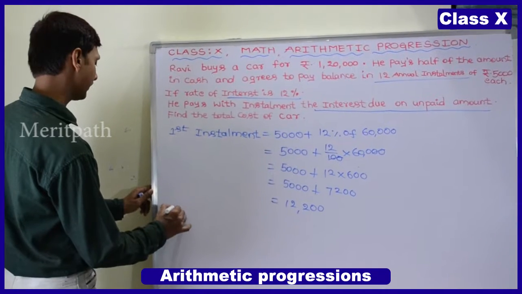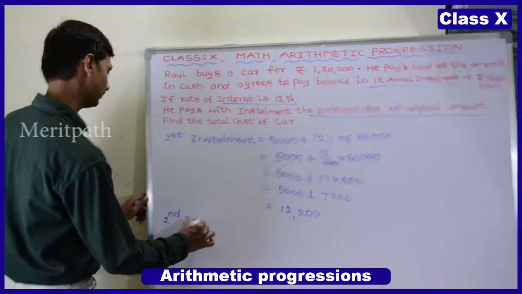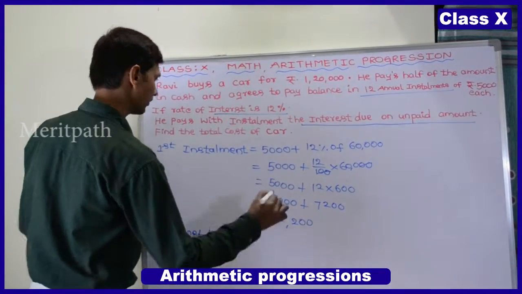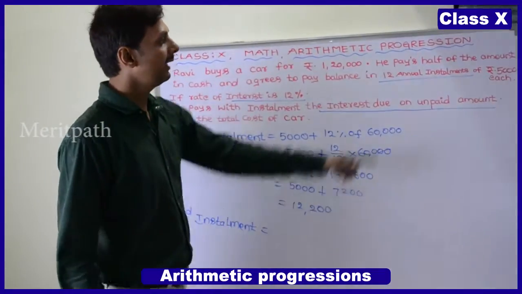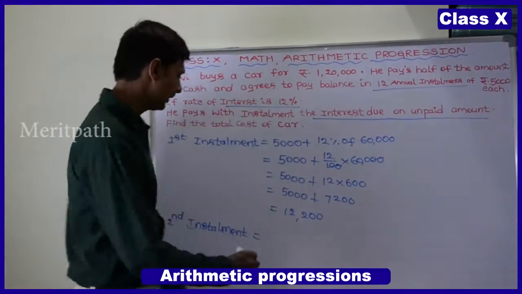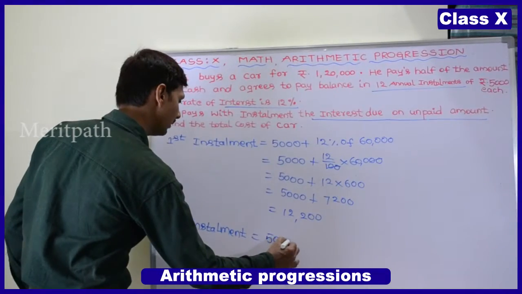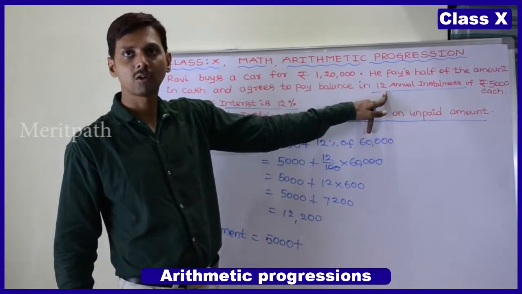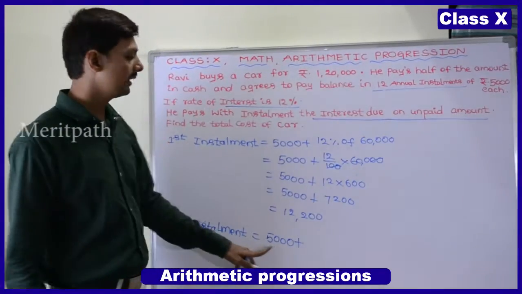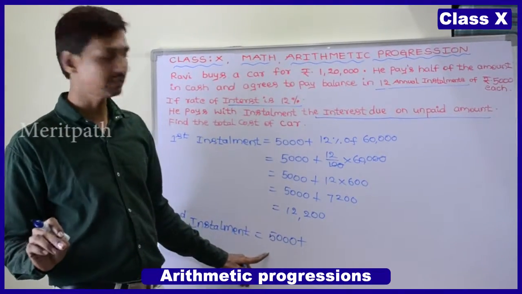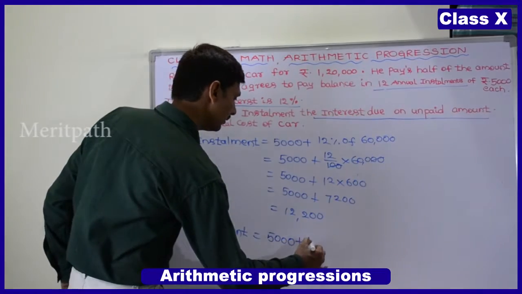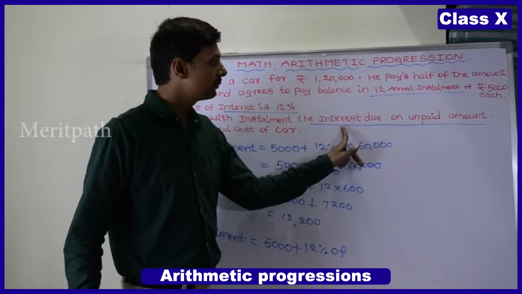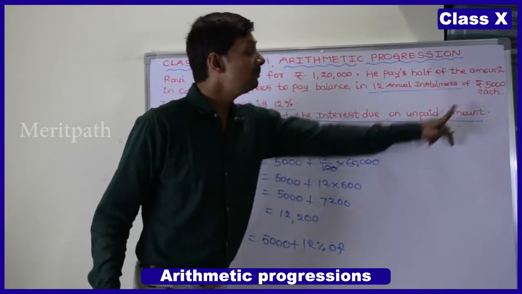Second installment is, he needs to pay 5,000 rupees in each installment. So 5,000 rupees is the constant for all 12 annual installments, and he needs to pay 12% interest on the unpaid amount.